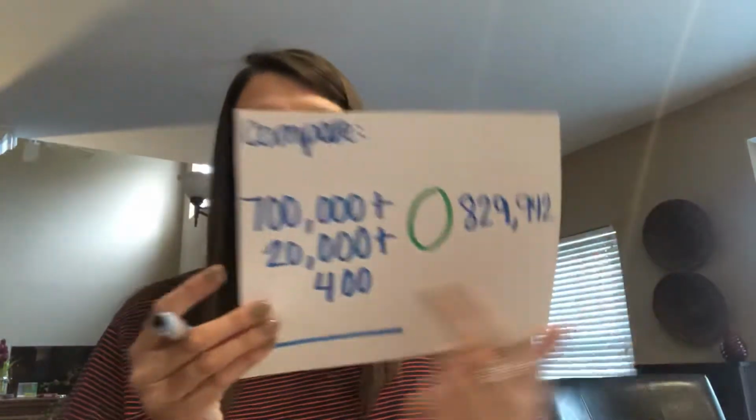So now I'm going to change the expanded form to standard form. So I have something in my 100,000s place, that's 700. Then I have something in my 10,000s place, the 2. There's nothing in the thousands place, so that's a 0. There's a 400 in the hundreds place, nothing in the tens, nothing in the ones.